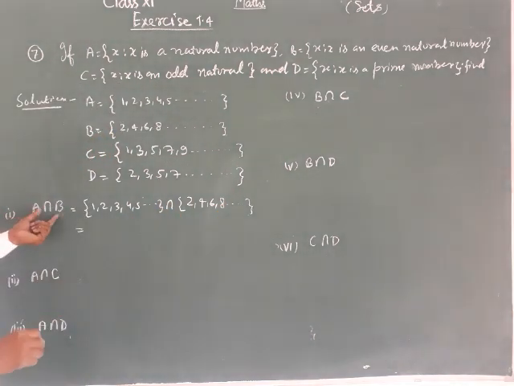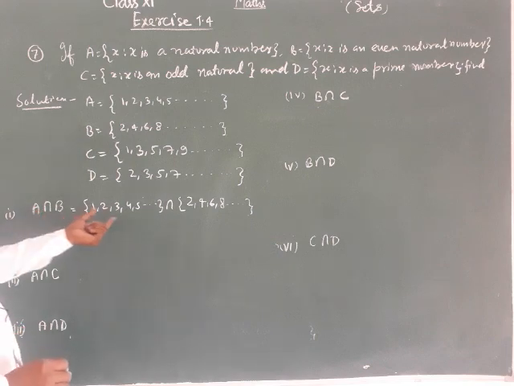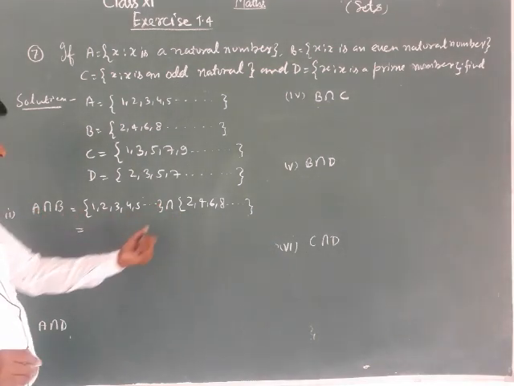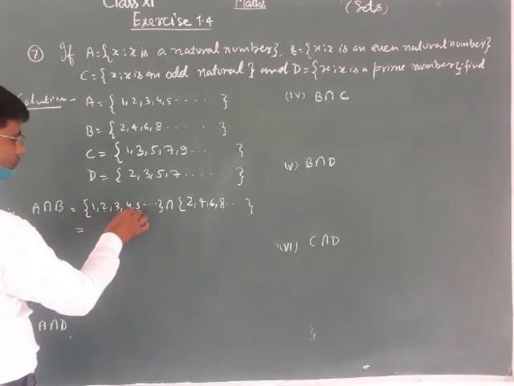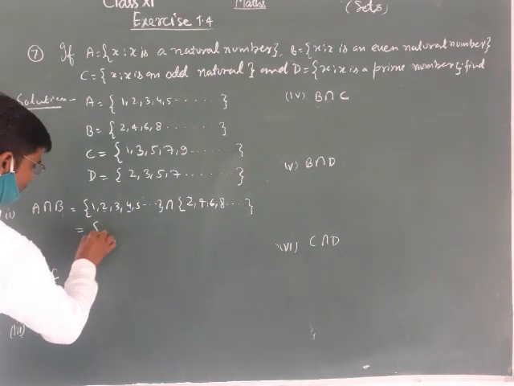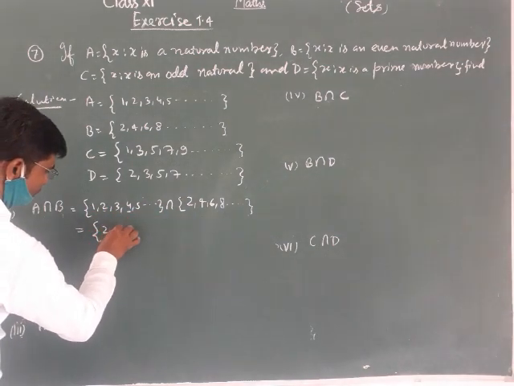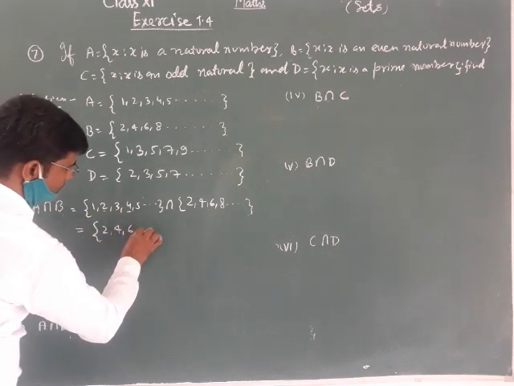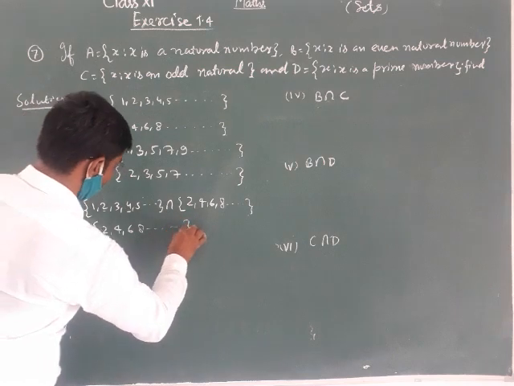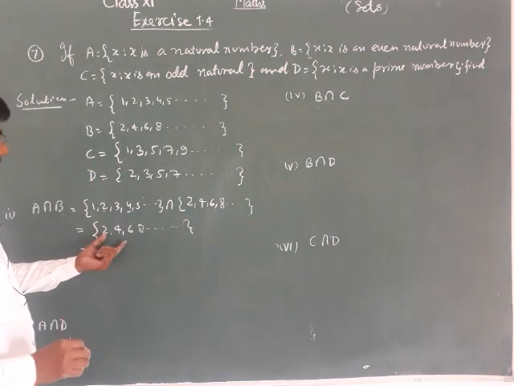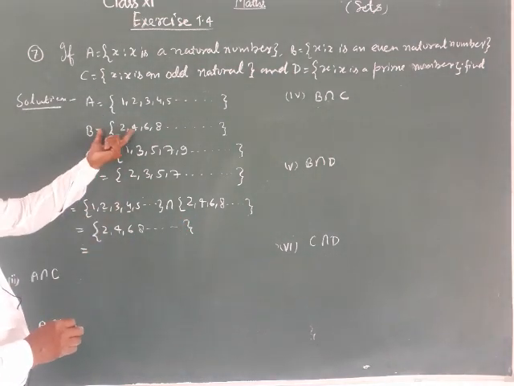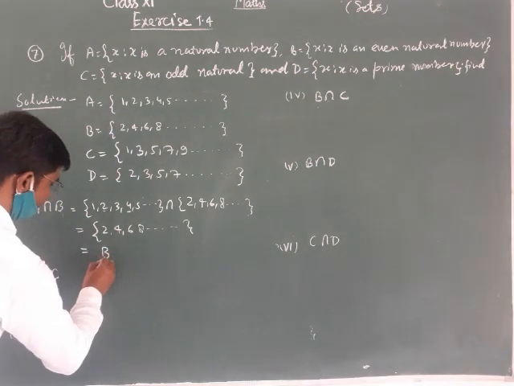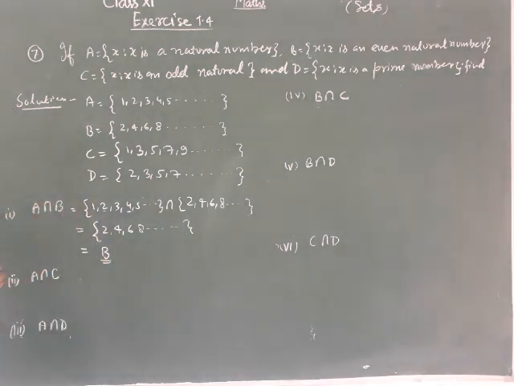So for A intersection B, only the common elements in both sets are taken. So 2, 4, 6, 8 and so on. This is the set B.